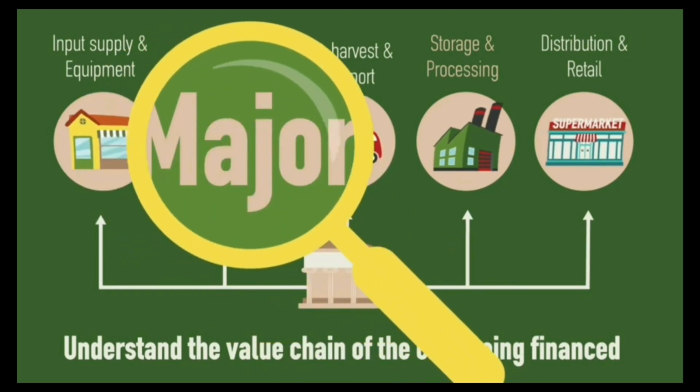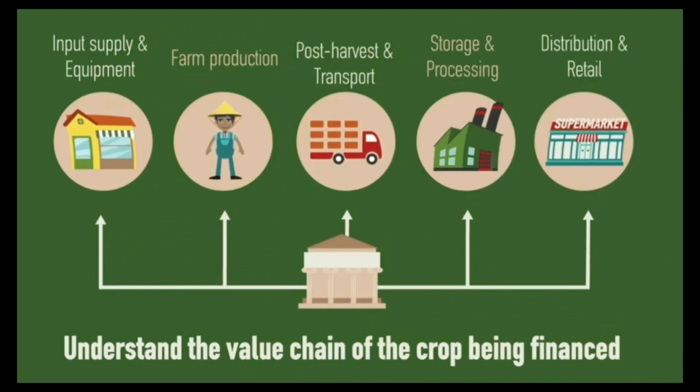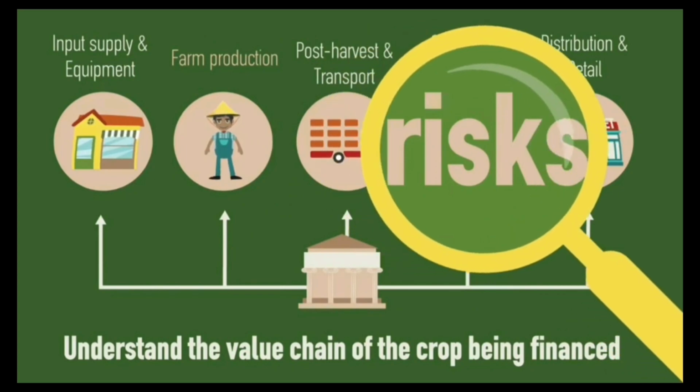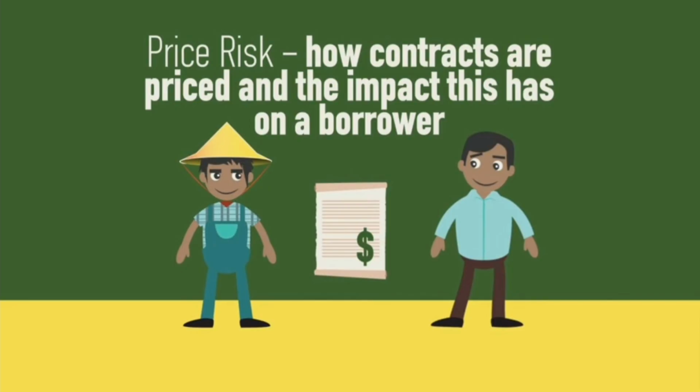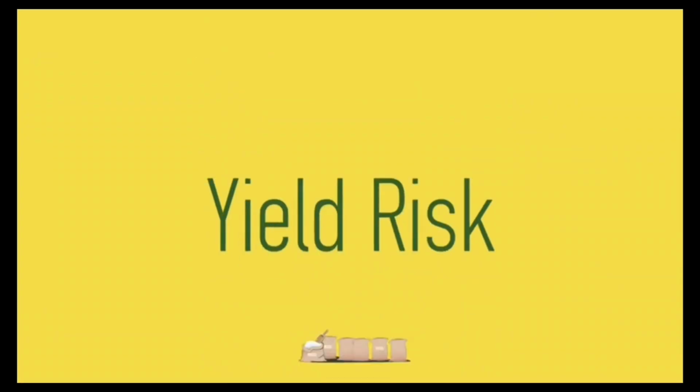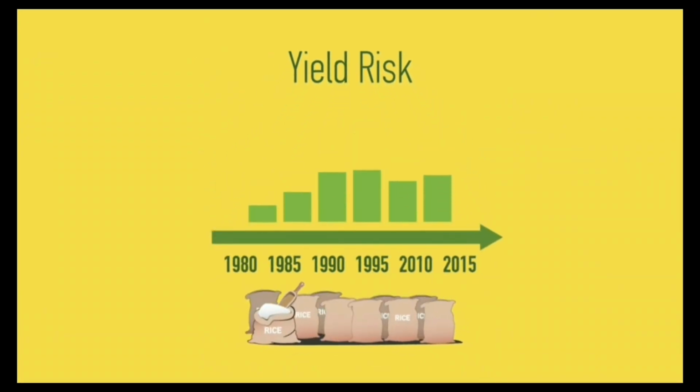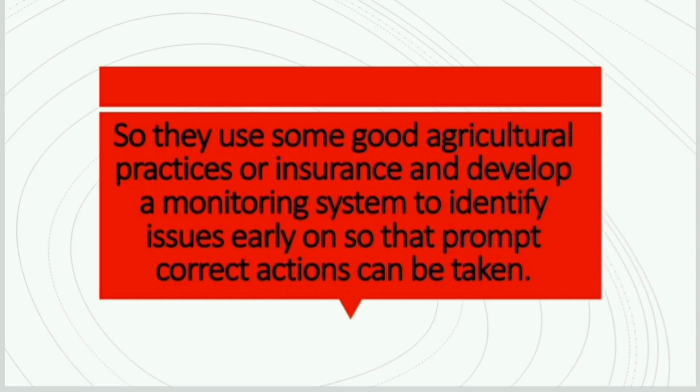Understand in depth the value chain of the crop being financed, so as to identify where the major risks are and how they are being managed, including price risk, how contracts are priced and the impact this has on a borrower; and yield risk, the variability of the yields and whether yields are being effectively managed.